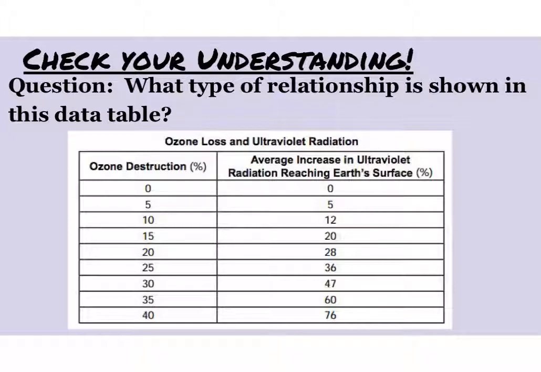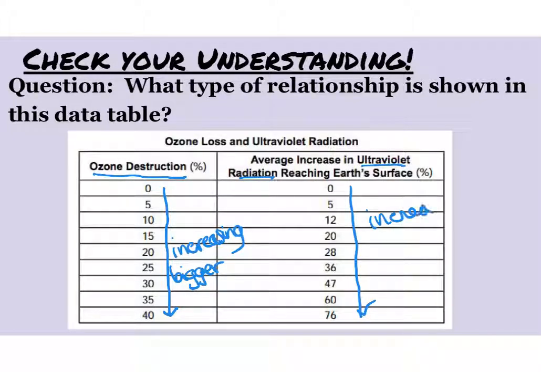So for this one, in order to get this, you had to think about, here's ozone destruction, right? And as you go down the chart here, these numbers are increasing, right? They're getting bigger. And if you go the same direction down the chart for the increase in ultraviolet radiation, these numbers are also increasing.